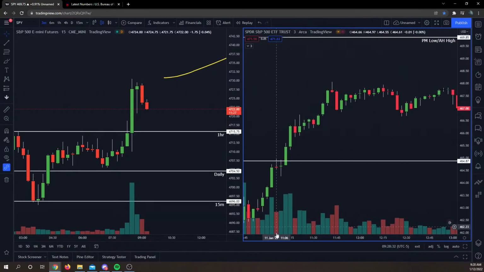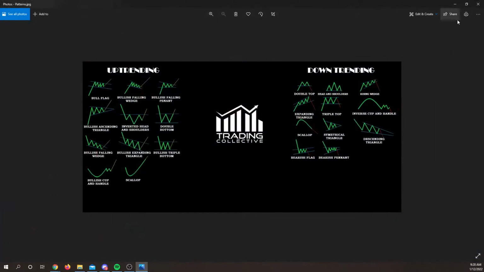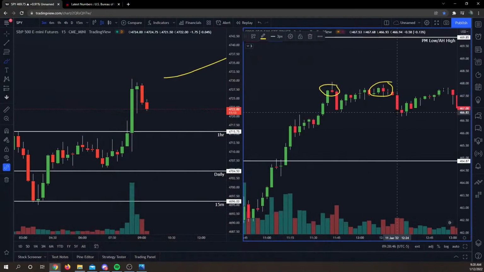Right here is a good area I want to highlight. This area right here is known as a double top. Remember, a pattern reversal is a double top, a downtrending pattern. You can see that we found that little bit of support down here. We ended up making a triple top.